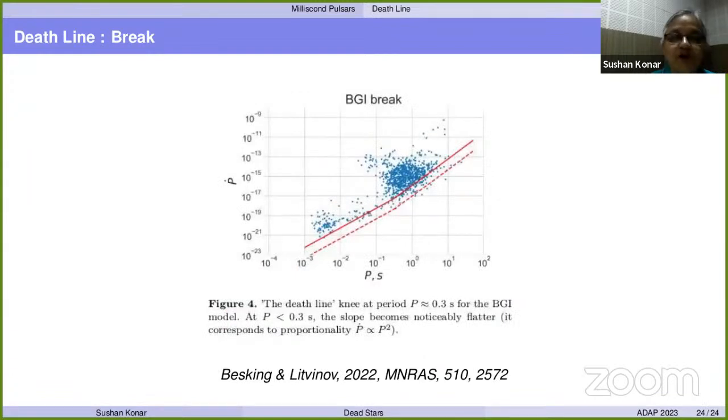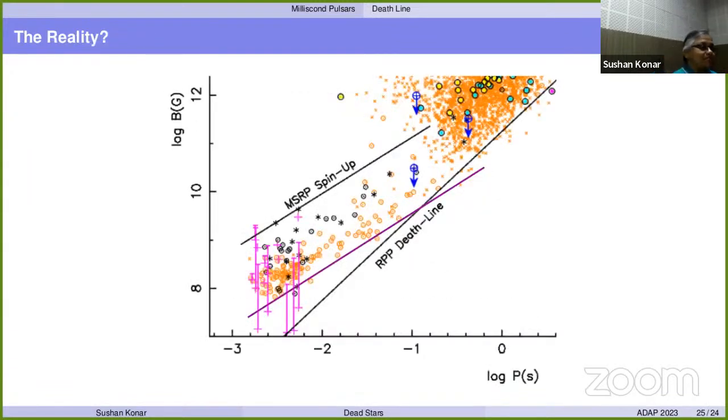This is the break that we are talking about. This is the same picture, slightly enlarged. I have drawn another line here. This line I have drawn not looking at the data, but by making it parallel to this spin-up line.